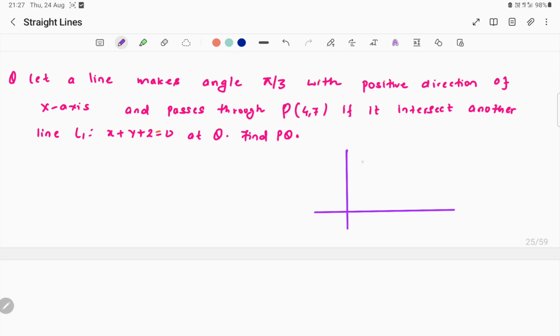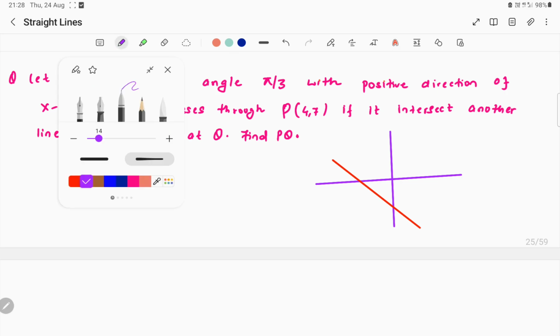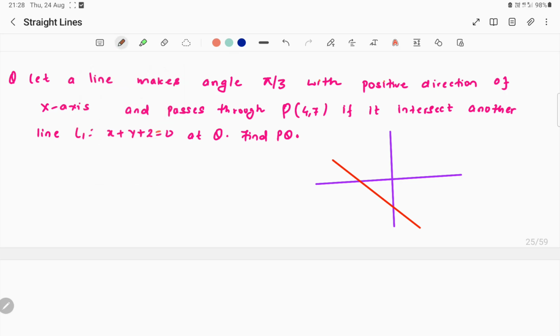there is some line x plus y plus 2. So when you try to draw, if you actually want to plot this, it will be this. Now there is some point (4, 7), which will be like here. Okay, P(4, 7).